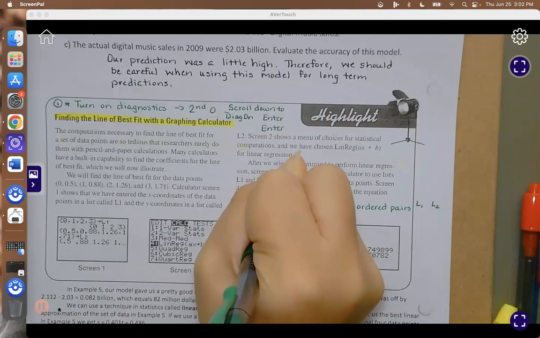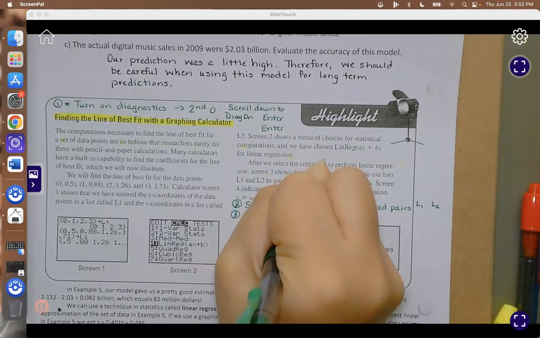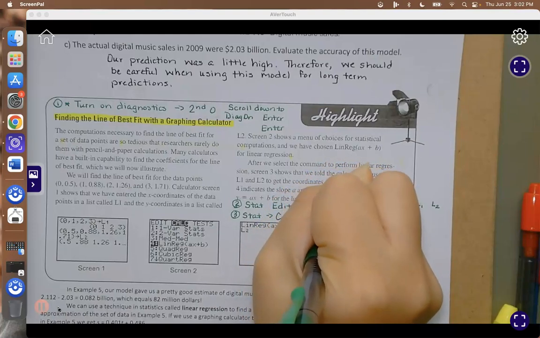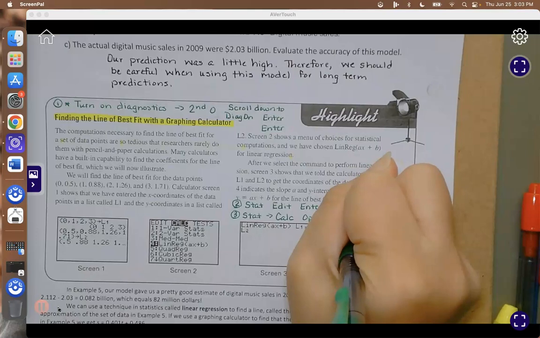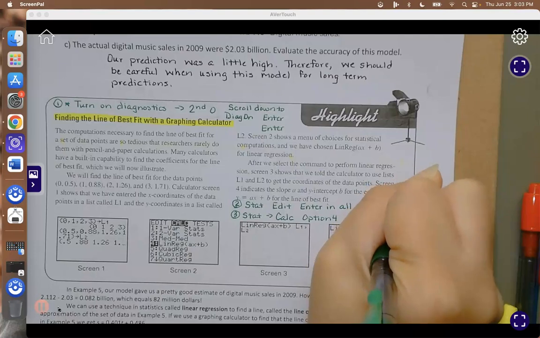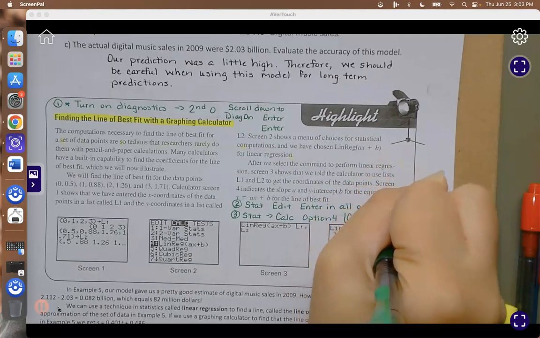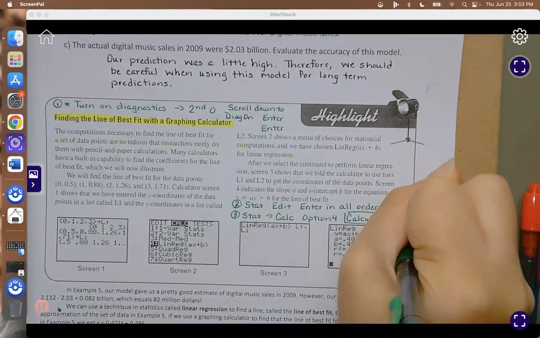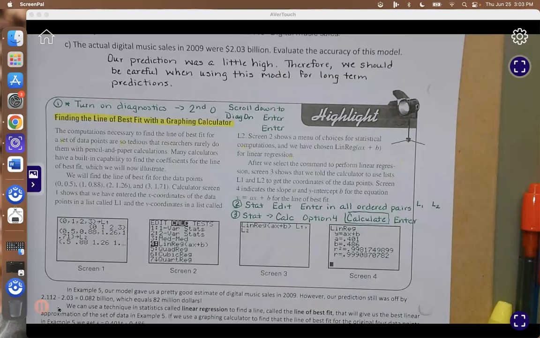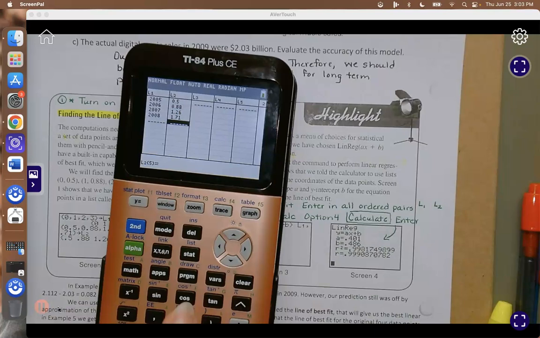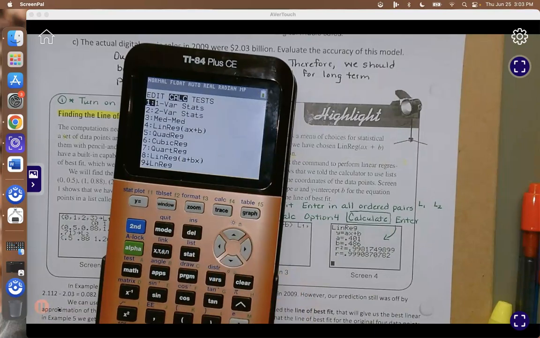We're going to go to Stat, over to Calculate, option number 4, which says Linear Regression.